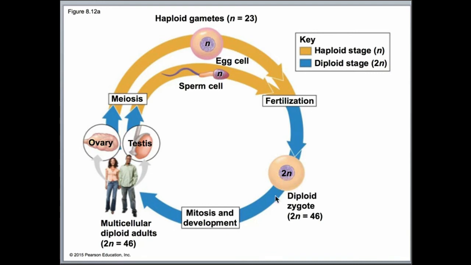But the point is, mitosis develops the zygote into an adult, developing more and more cells to provide for growth. But in the ovaries and in the testes, there are cells undergoing meiosis. And meiosis is the production of the sex cells. So this zygote grew into maybe an adult man, and in his testes, he produced sperm via meiosis. And so all of his cells were diploid, except for the cells that underwent meiosis to become sperm.